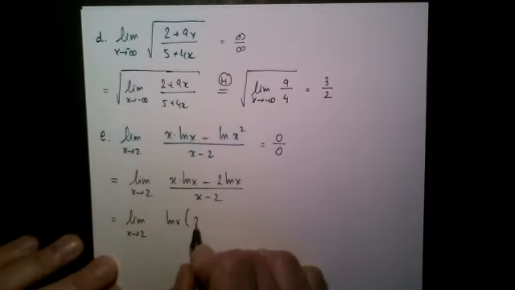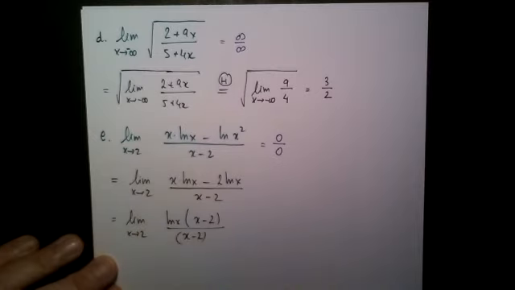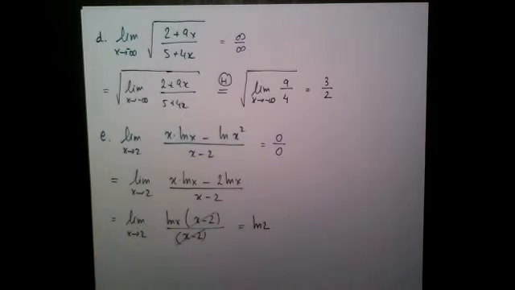Ln x times x minus 2 over x minus 2. And now these ones cross out. I plug in 2 inside, you get ln of 2 is my answer. Any questions? That was number 2.